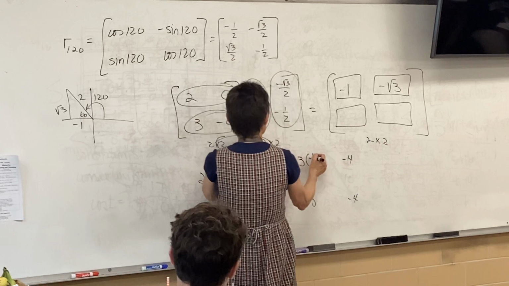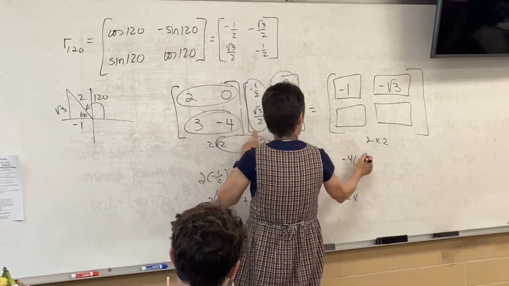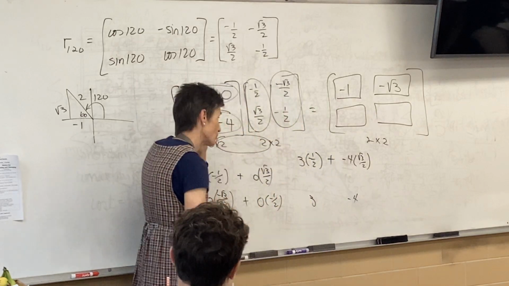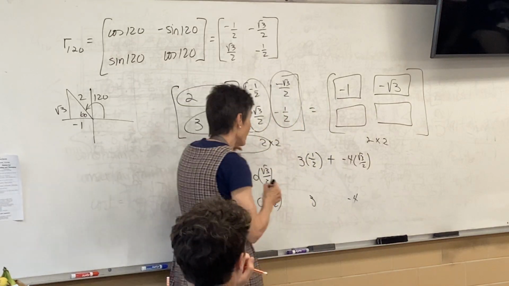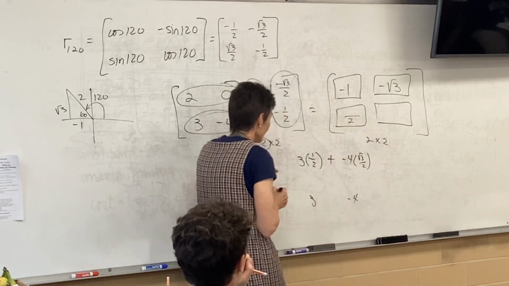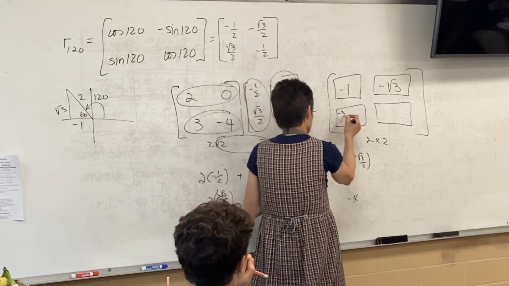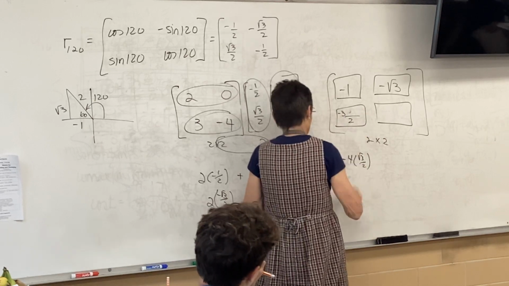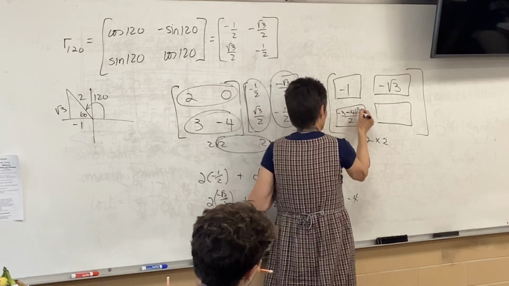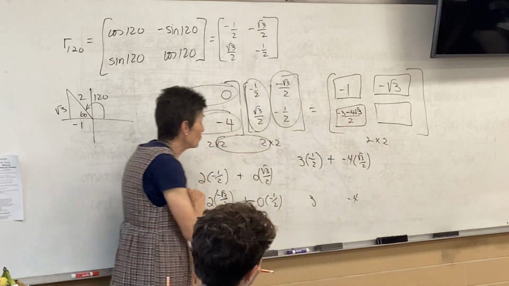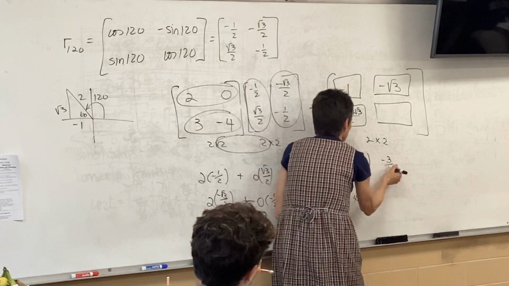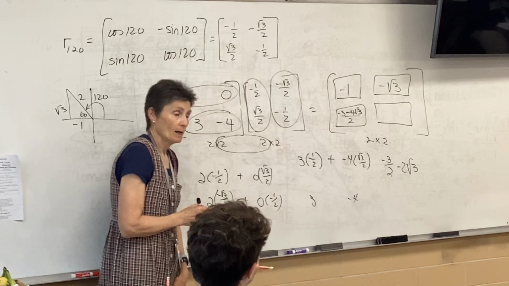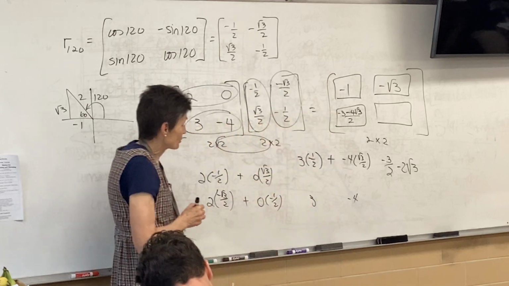Times the first column. Now those are not going to add. They're going to have a common denominator, which is 2, but it's going to be negative 3 minus 4 root 3. Now, if you wanted to write that as negative 3 halves minus 2 root 3, that would be okay too. I left it with a common denominator, but you could certainly separate it.